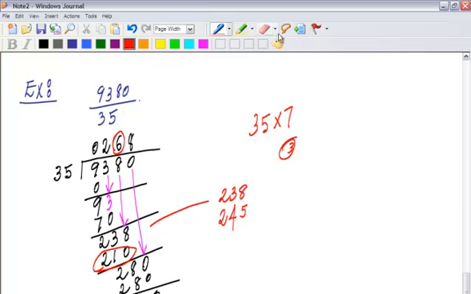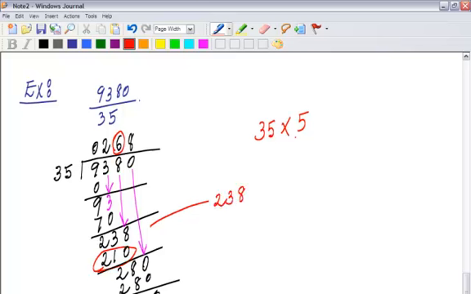Now let's try to answer the following question. Why should I not pick 5 here? So instead of 6, why not 5? Right here I had 238.